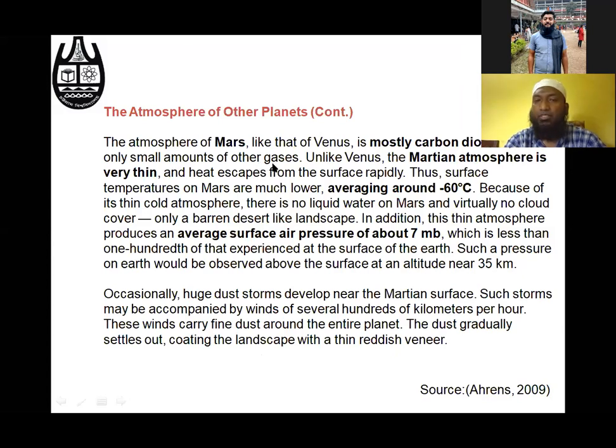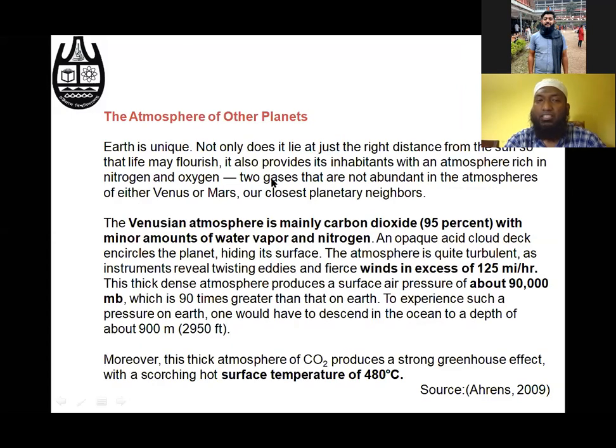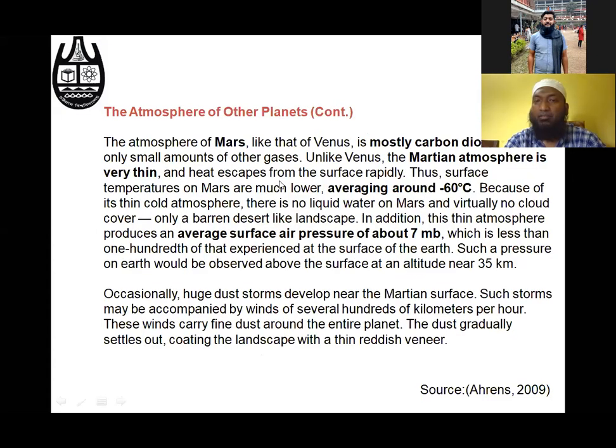When the atmosphere is very thin, the heat cannot be retained there. In the case of Venus, the surface temperature is 480 degrees centigrade because of the thickness of the carbon dioxide. Mars also has mostly carbon dioxide, but its atmosphere is very thin, so the heat is actually going out of the atmosphere, and thus the temperature of Mars is much lower.